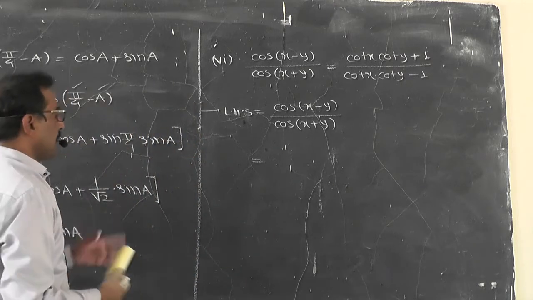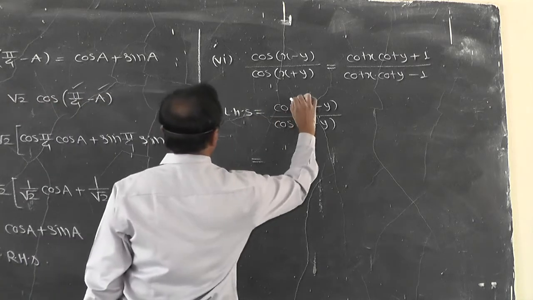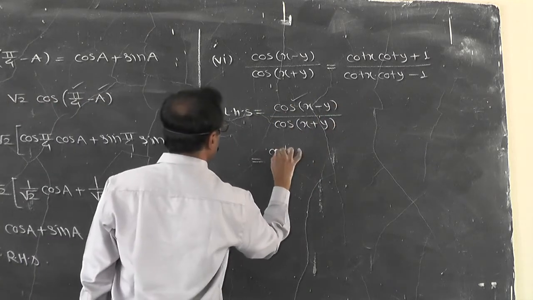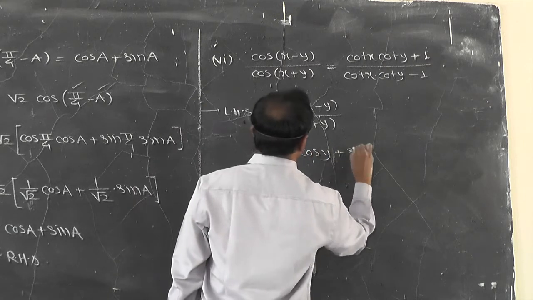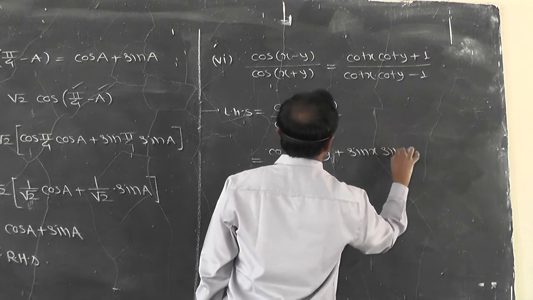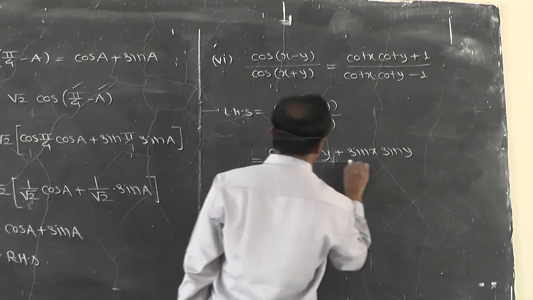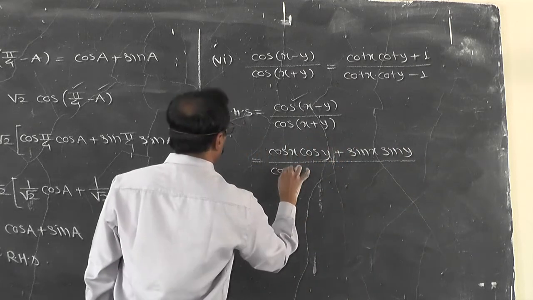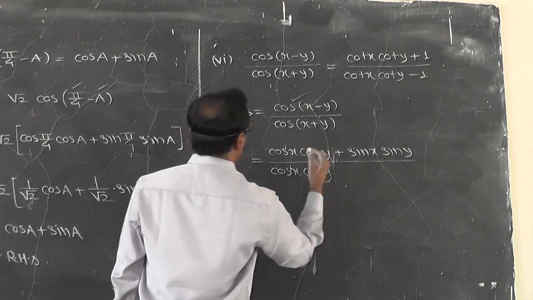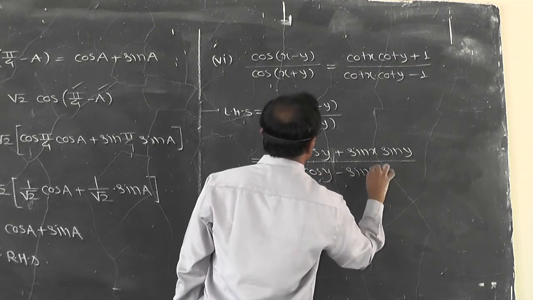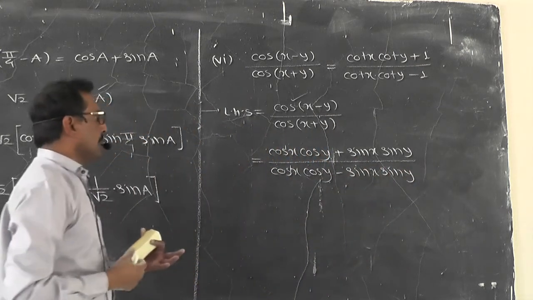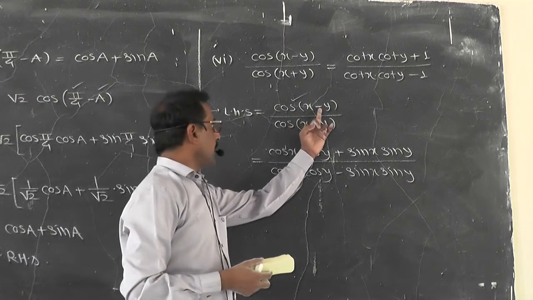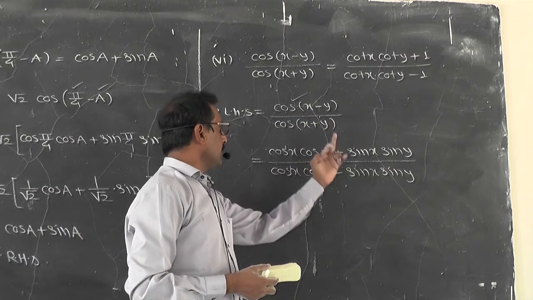Up to this lecture, we are using all the formulas for cos of A minus B. It is here cos x cos y plus sin x sin y, the total divided by cos x cos y minus sin x sin y. I think this is correct. When the angle is with a minus sign, then we have to write plus.